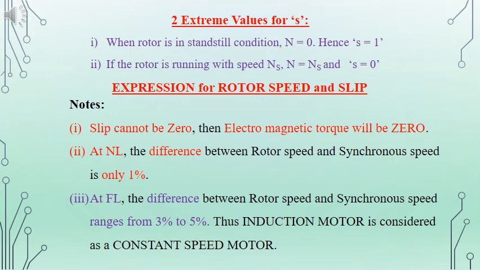In the case of an induction motor, if the machine is run at no load condition, the speed difference will be only about 1%, and if it is fully loaded, the speed difference can be 3 to 5%, and we can consider the induction motor to be of constant speed type.